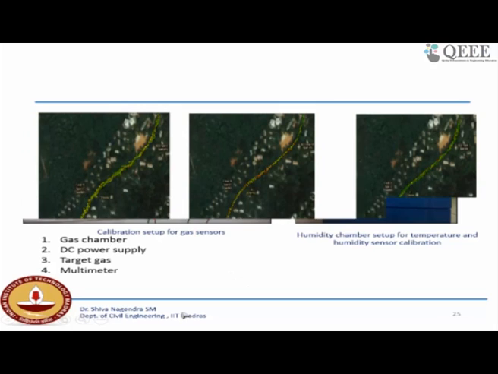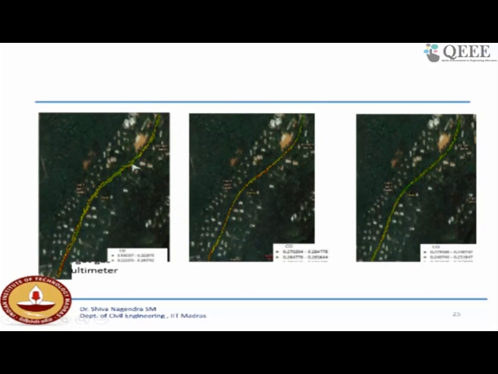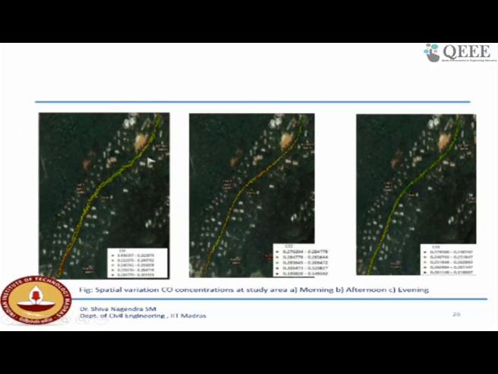This graph gives a quick measurement from air quality low cost sensors which we used for traffic emissions measurement on one of the roads in Chennai city. It gives an indication of what the carbon monoxide concentrations are in different time periods, during morning, afternoon and evening.